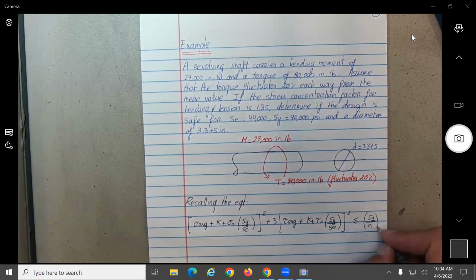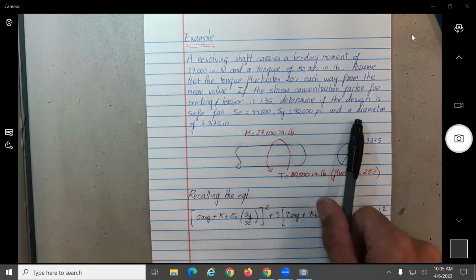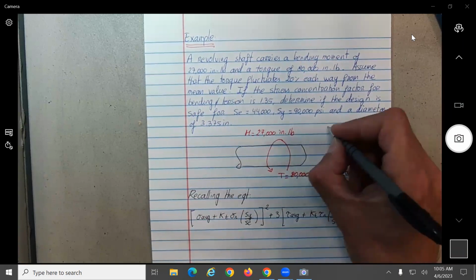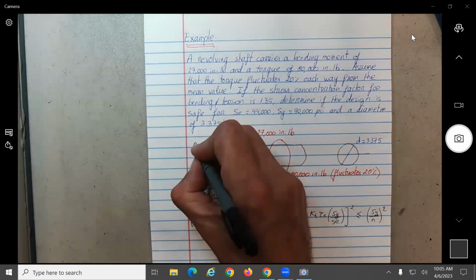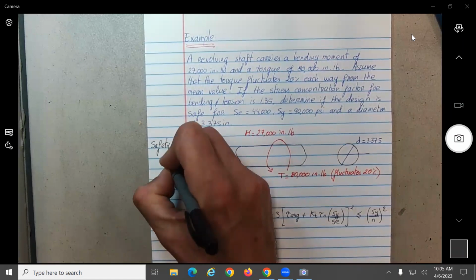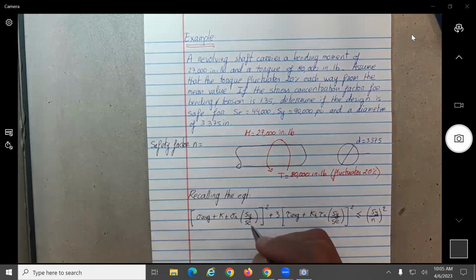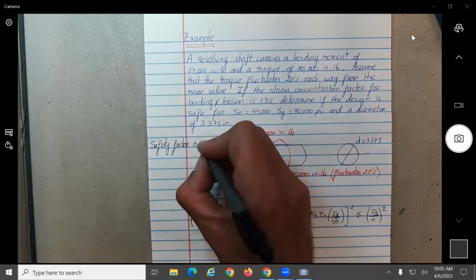over N squared. Wait, did I? You see, there's also a safety factor. Okay, let's add a safety factor here for S_E, and let's say an N here. I'm just going to add over here N safety factor, so we made it more complete this way. Equal to. We're not solving for the safety factor.